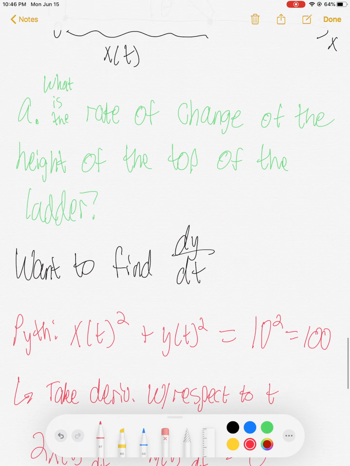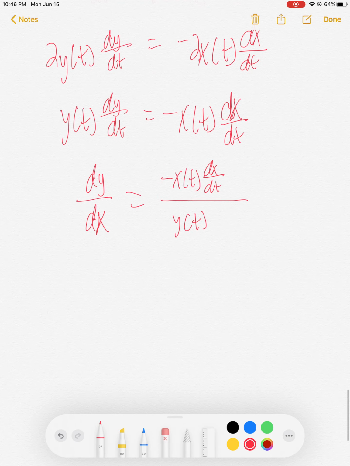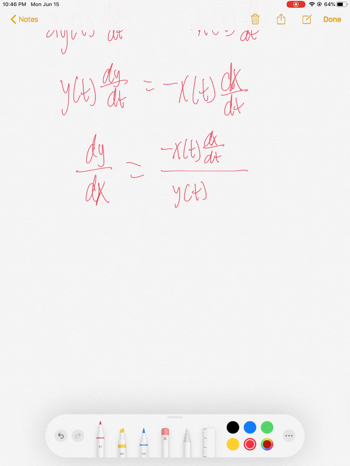Okay, now if I divide over y of t, this is going to give me dy dt equals negative x of t dx dt over y of t.